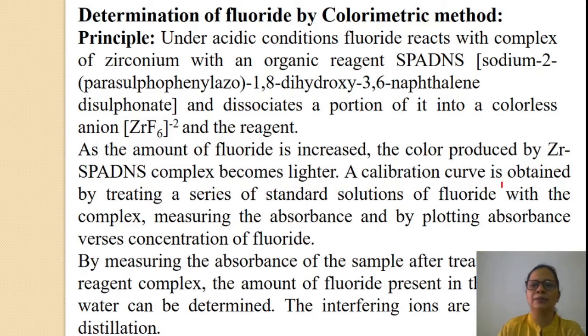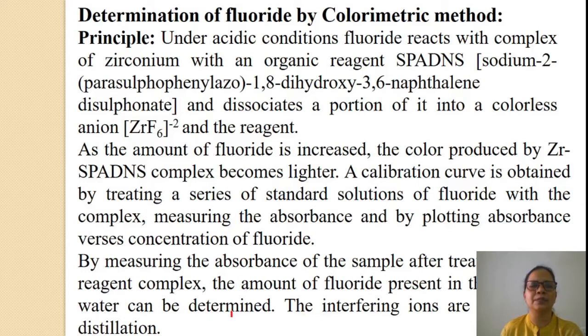Therefore, a calibration curve is obtained by treating a series of standard solutions of fluoride with the complex and measuring the absorbance and plotting the absorbance versus concentration of fluoride. By measuring the absorbance of the sample after treating with the reagent complex, the amount of fluoride present in the sample of water can be determined. The interfering ions are removed by distillation.